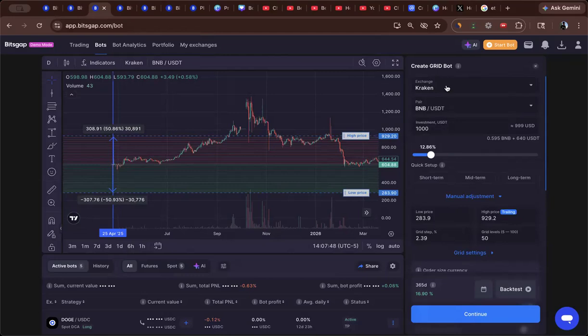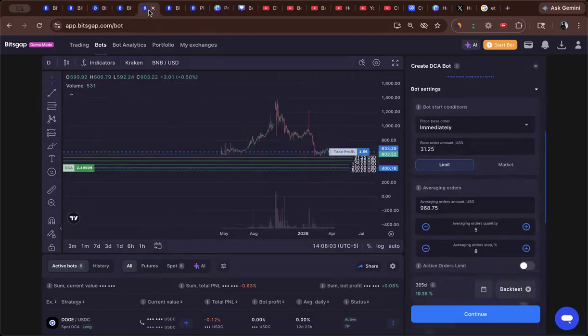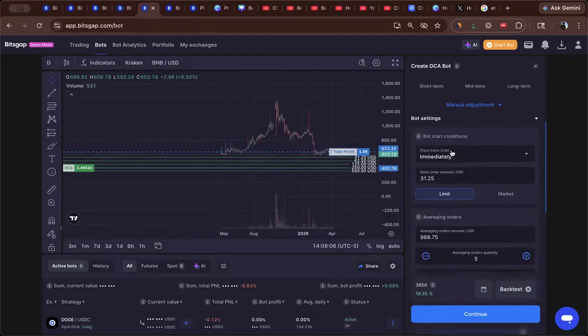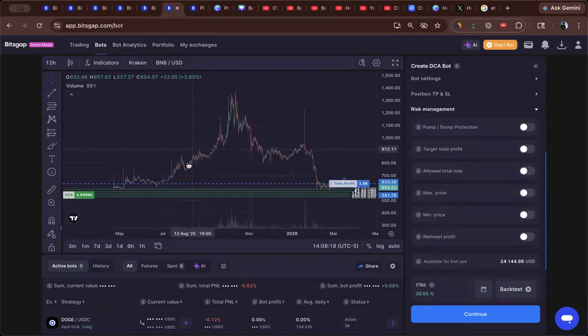It's available on Coinbase now too, but if you were only using Kraken, you could set up two grid bots, one on USD or USDT, one on USDC, and then on USD, you could set up as many DCA bots as you want. So you could do a range between 3.5 or 2.5 to 8 and get that nice return during the bull markets, but then also still be getting paid during the bear.